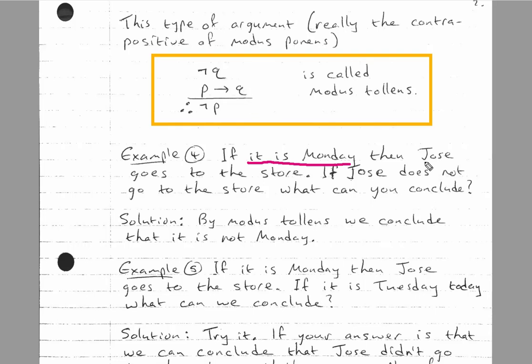Q says Jose goes to the store. But if not Q is true, so if Jose does not go to the store, then not P must be true, so it's not Monday.